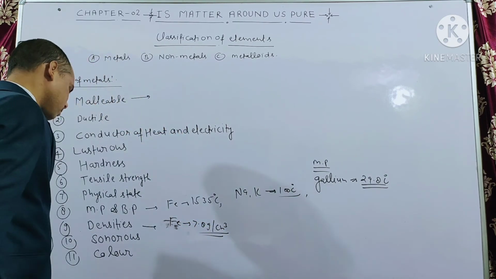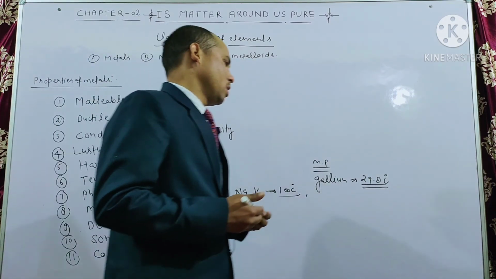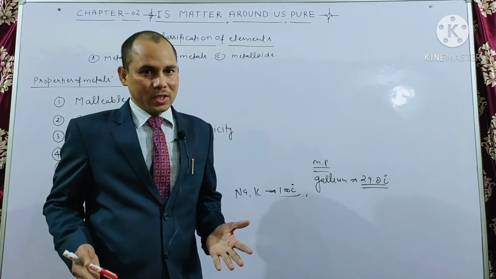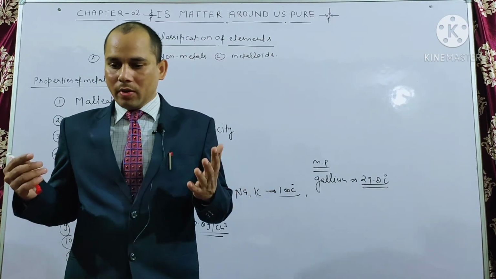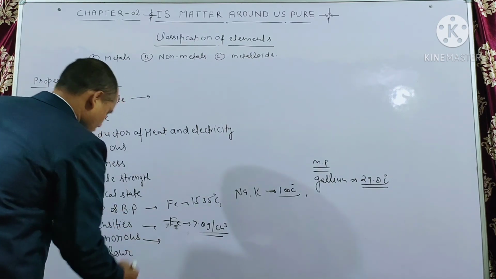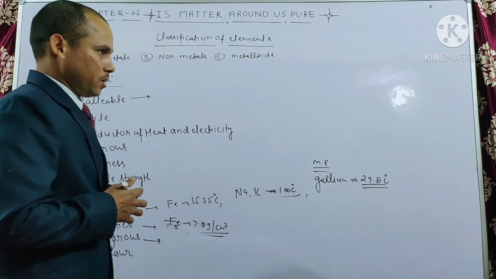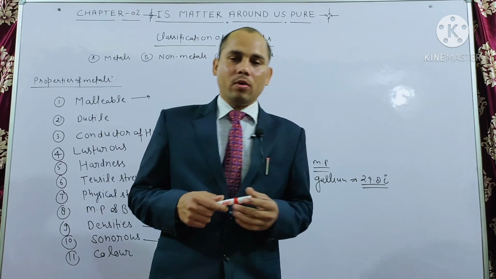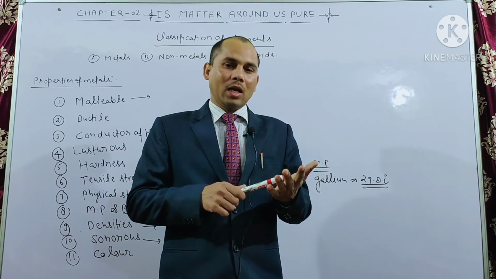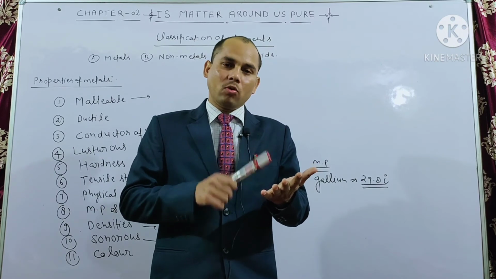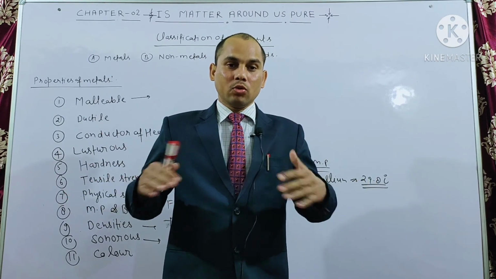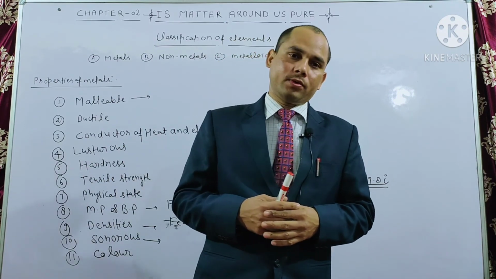All other metals have some low density, like sodium and potassium, but iron has a very high density. Next one is sonorous. Sonorous means producing sound. If we hammer something on a metal, it produces sound, right? So this property is known as sonorous.